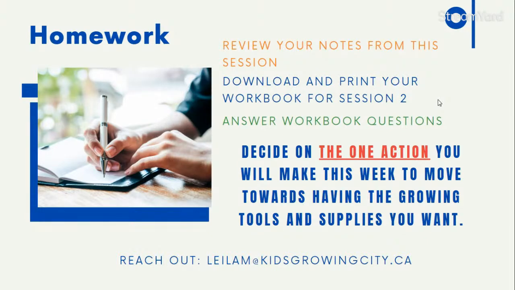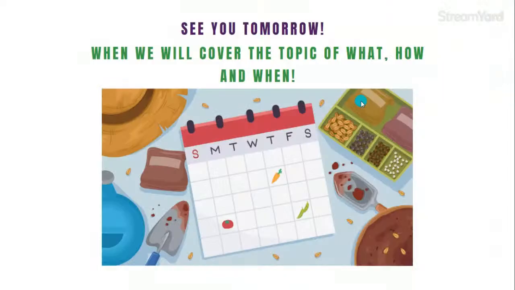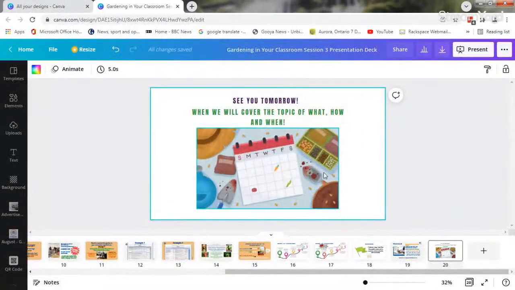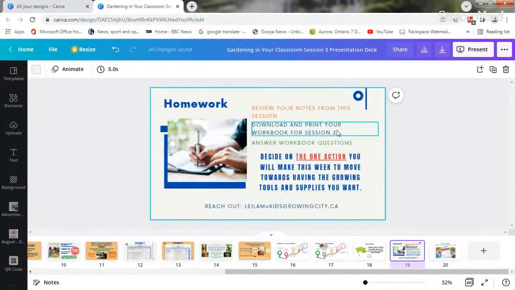So if you are registered to the class, if you're not registered, please go get registered so that you can have the class homework, the workbooks. Please go and review the notes that you had during the session. Download and print your workbook of session 3. Sorry, one second, let's go back and fix that mistake.